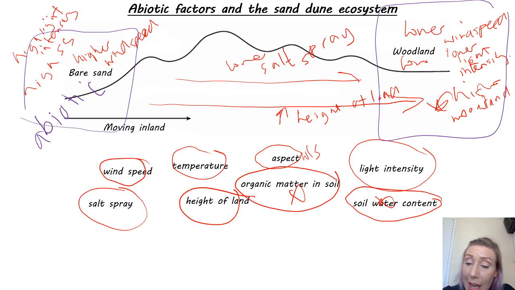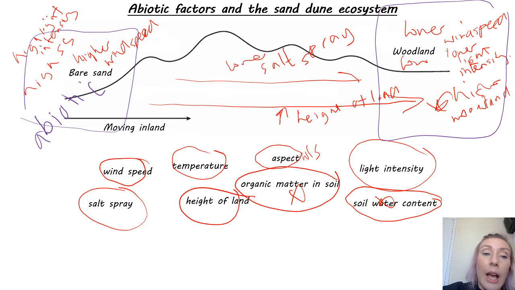So generally, as you're moving inshore, you're moving from a situation where the abiotics are the predominant factors that affect whether or not a population can survive in that part of the ecosystem, that habitat, to a scenario in the woodland where abiotics are not really going to be the reasons for the distribution of species.